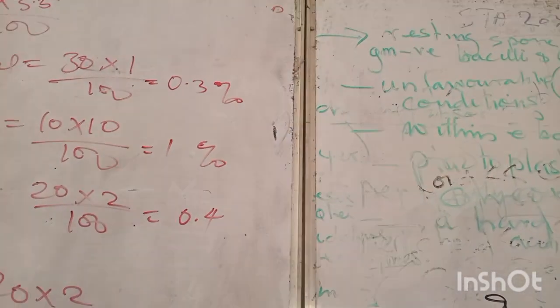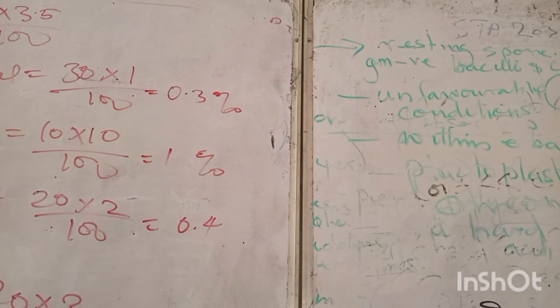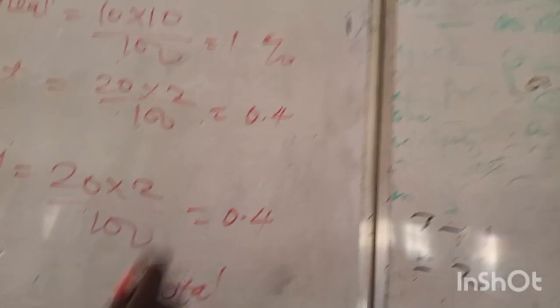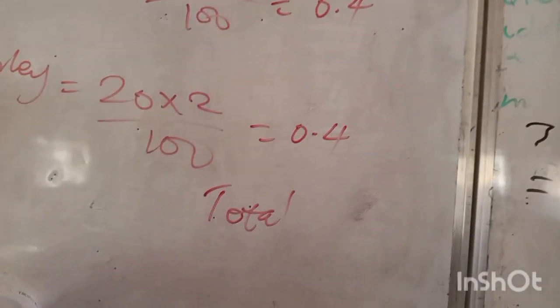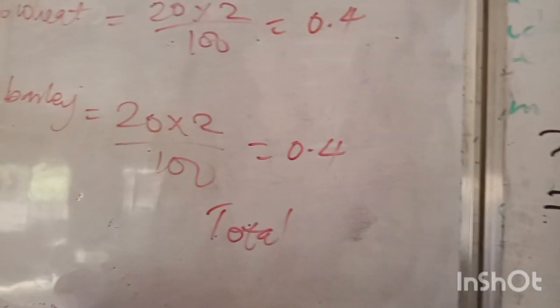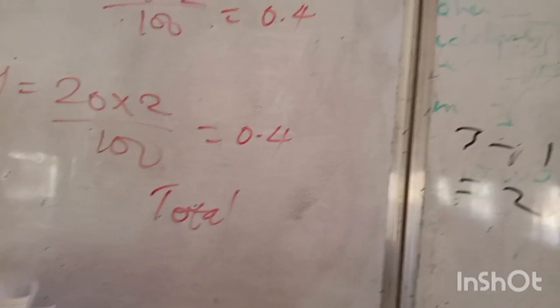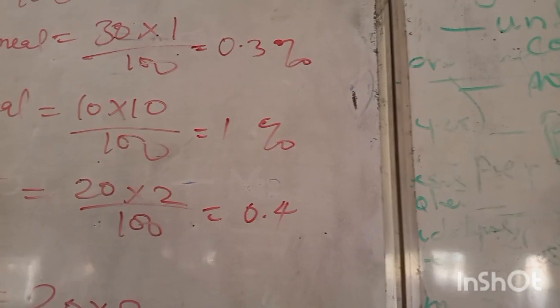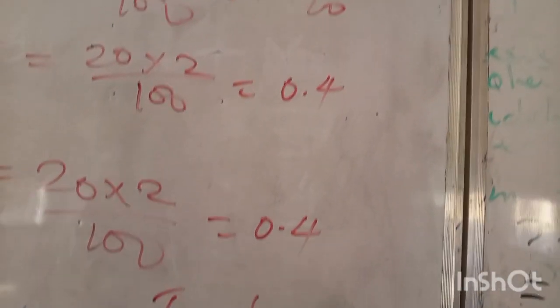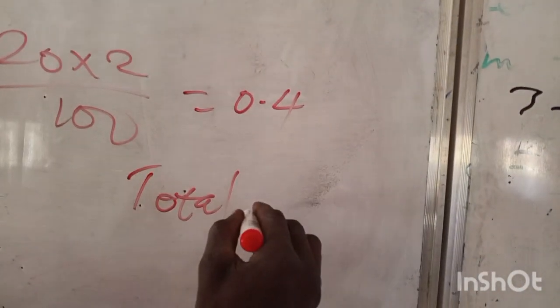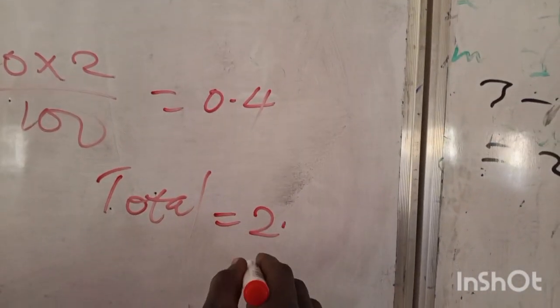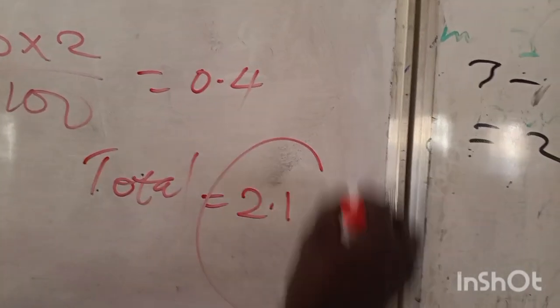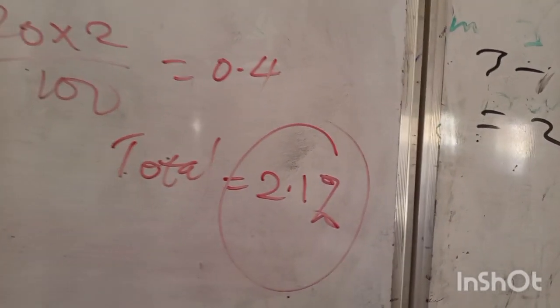Putting everything together, what do we have? The total value is what? 0.3 plus 1 plus 0.4 plus 0.4 is 2. Total is what? 2.1. Remember, percent of value.